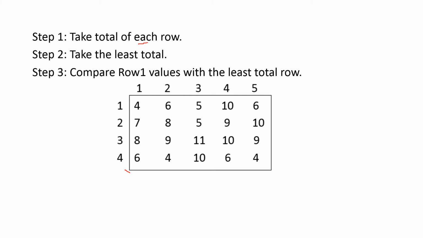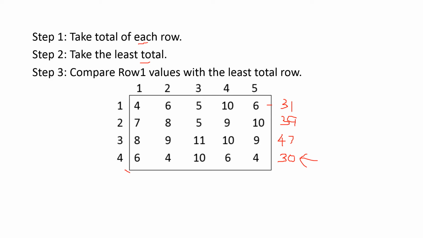For the first row, 4 plus 6 plus 5 plus 10 plus 6 is 31. For the next row it is 39, for the third row it is 47, and for the fourth row it is 30. The second step is to take the least total. Here the least total is 30.